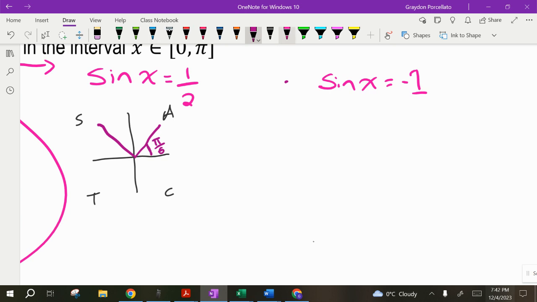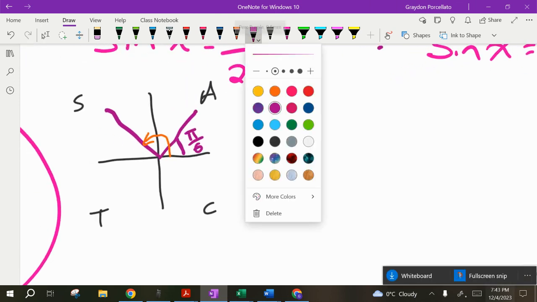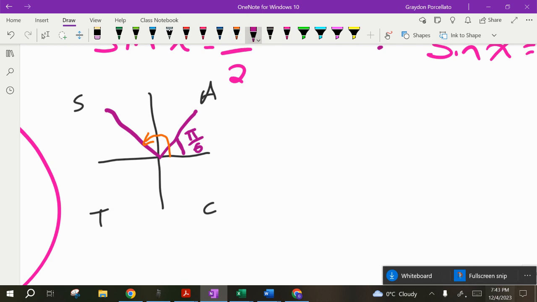Okay, and now I need to determine this angle here. Now if this little angle in here is also pi over 6, because those two related acutes match, my orange angle, this angle here, is equal to pi minus pi over 6.